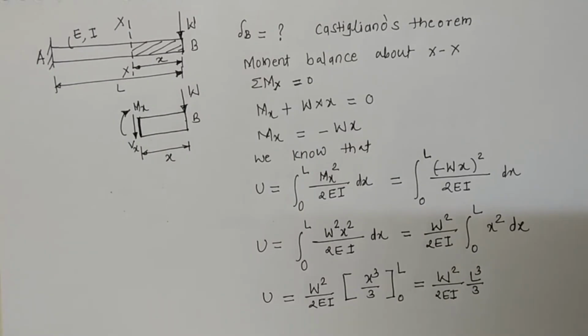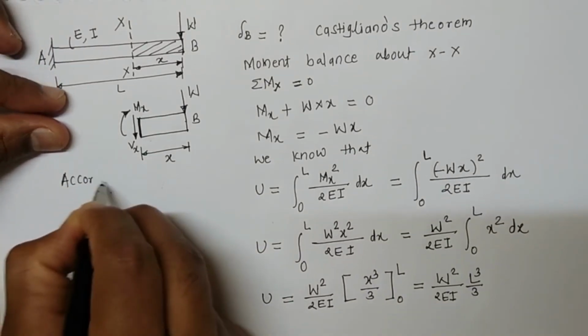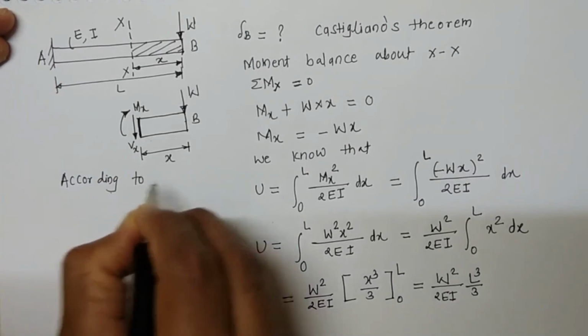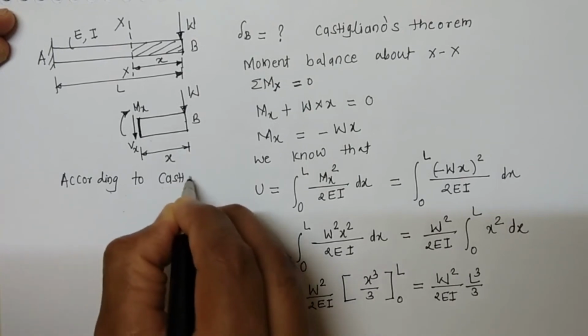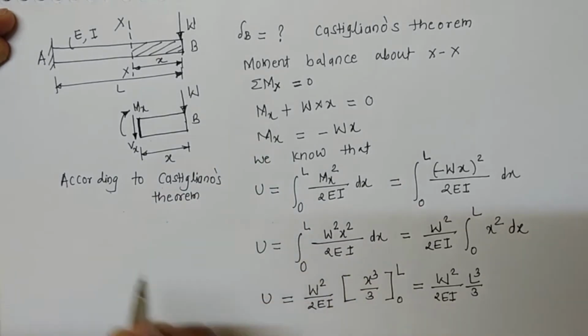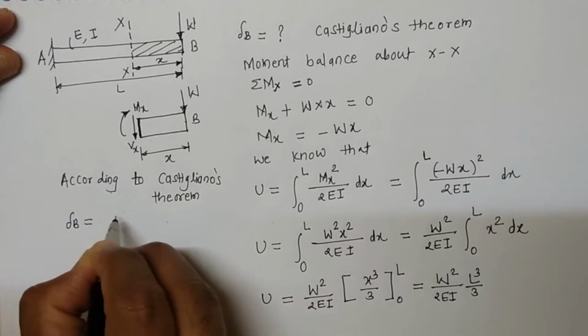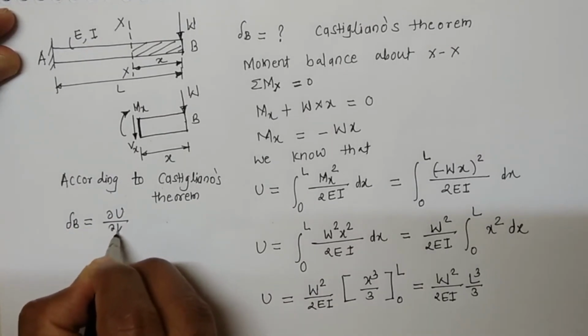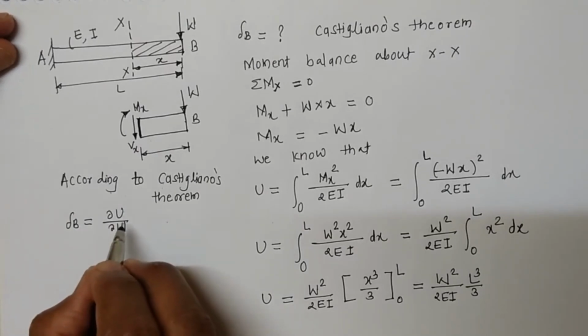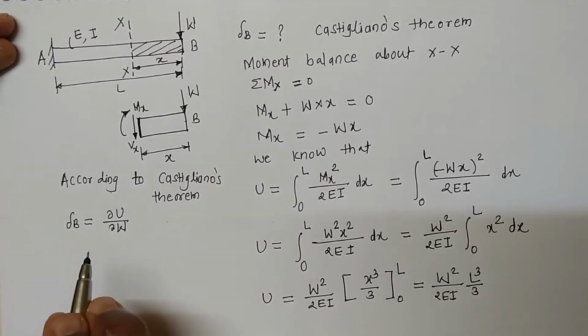Now, according to Castigliano's theorem, we have delta P is equal to dou U by dou W. That means the partial derivative of strain energy with respect to the force gives us the deflection at the point of application of force, and the deflection would be in the direction of force.